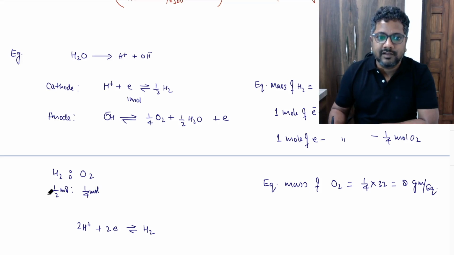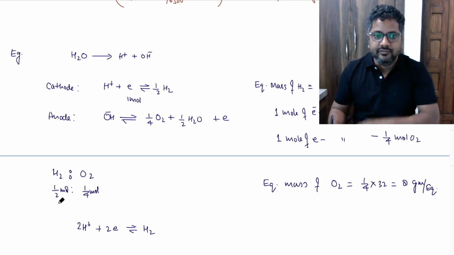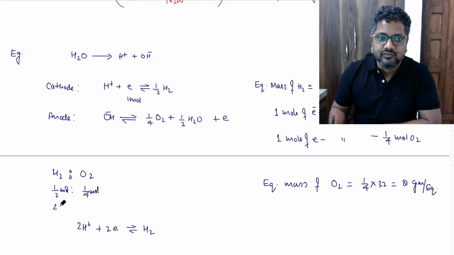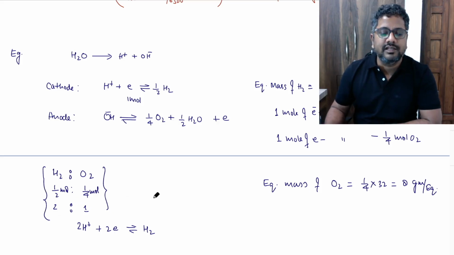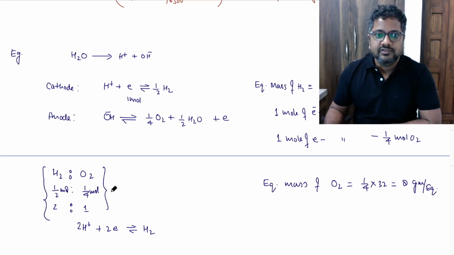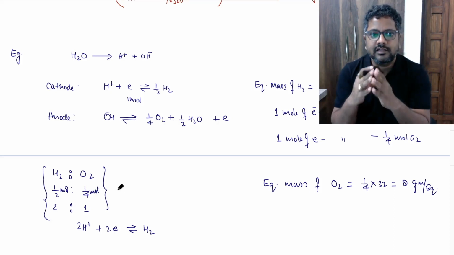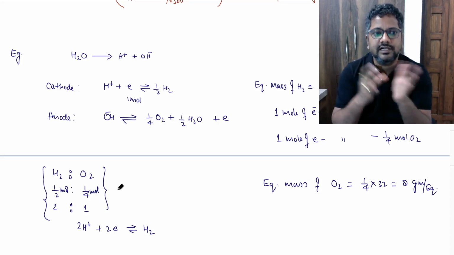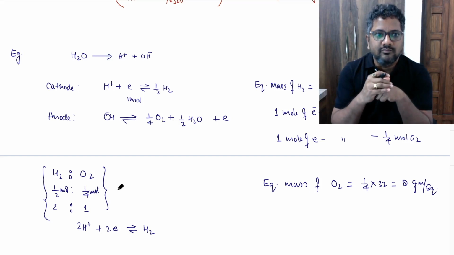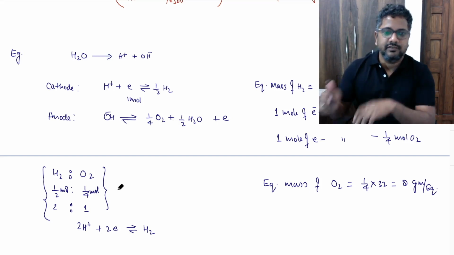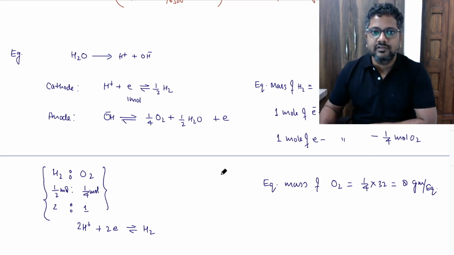So if you multiply, you will get 2 is to 1 molar ratio or volume ratio. Because if all other things are constant, then mole is directly proportional to volume. So in the electrolysis of water, you will get hydrogen and oxygen in 2 is to 1 molar ratio, right?